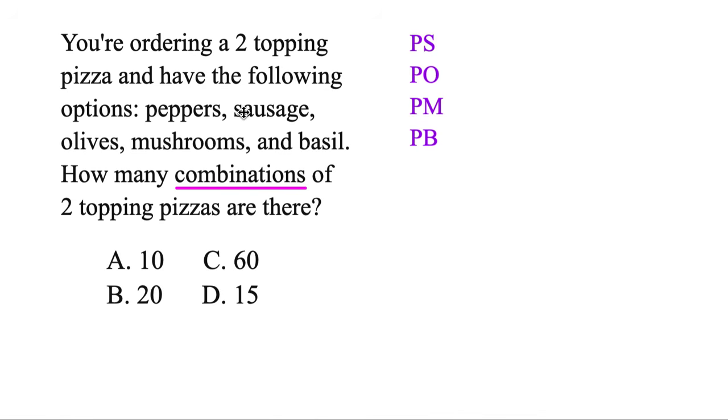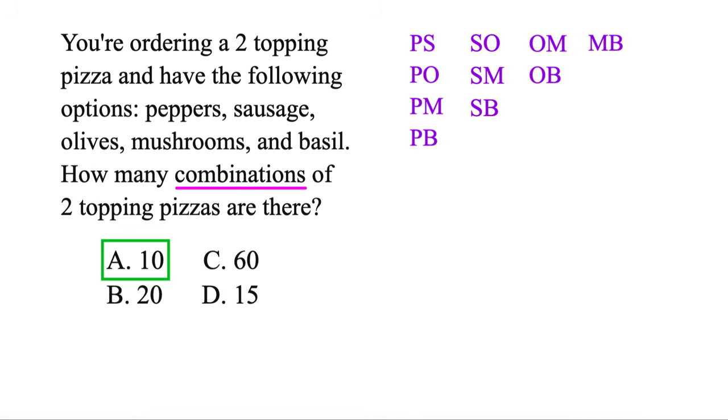So you just move forward: sausage, olives, and so on. So those are all the sausage combos. And the olive combos, there'll be 2 more of those. And finally, mushroom basil. Sounds pretty gnarly, and that's our last one. Counting these up, there's going to be 10 of those. So therefore, 10 combinations are possible.